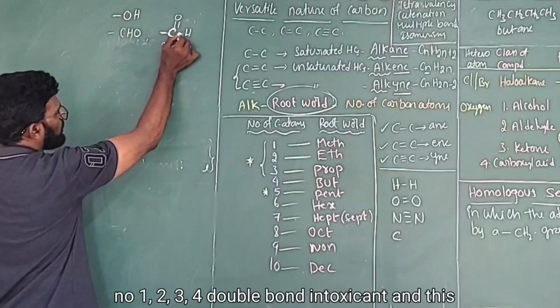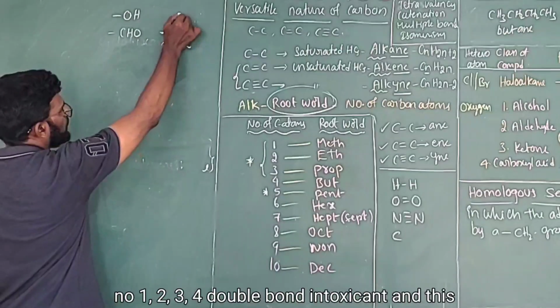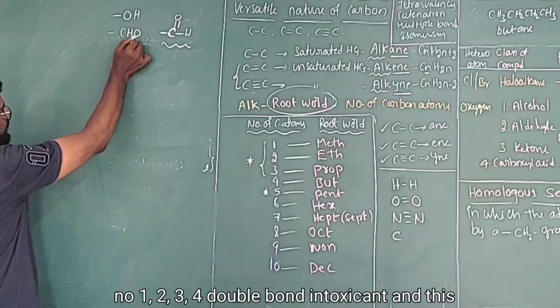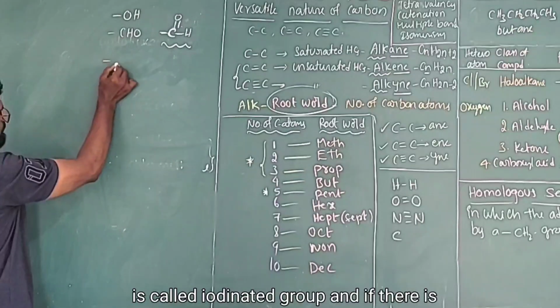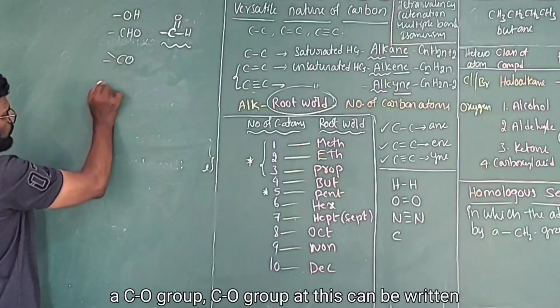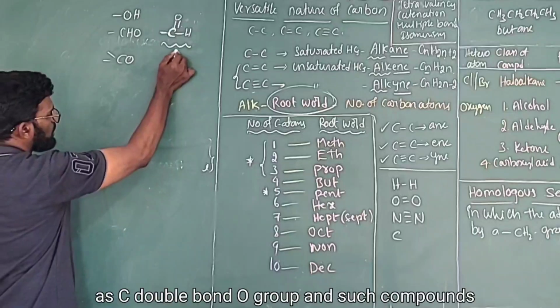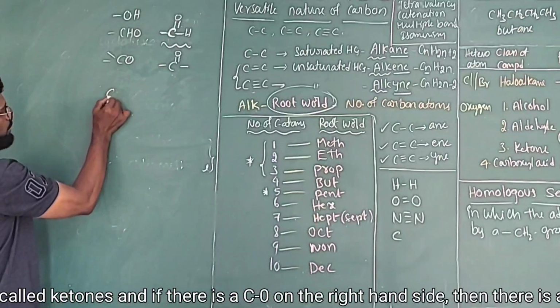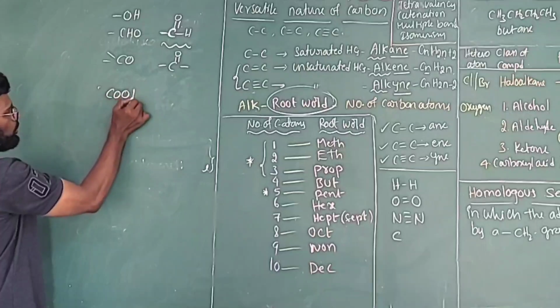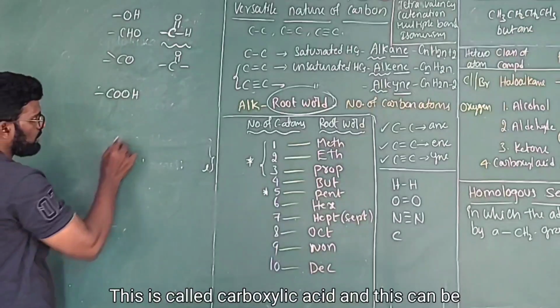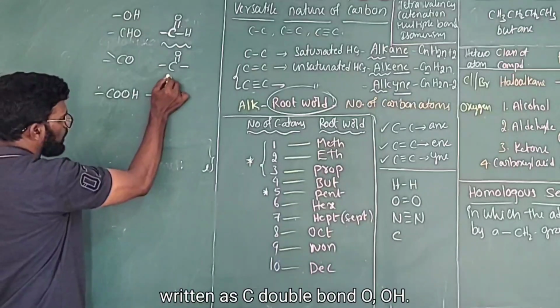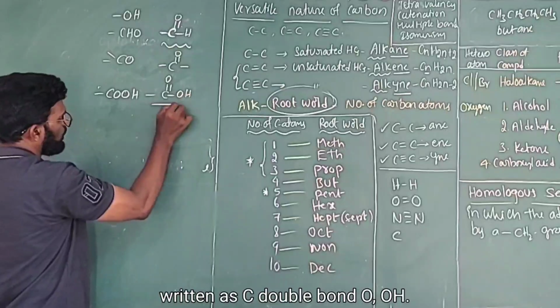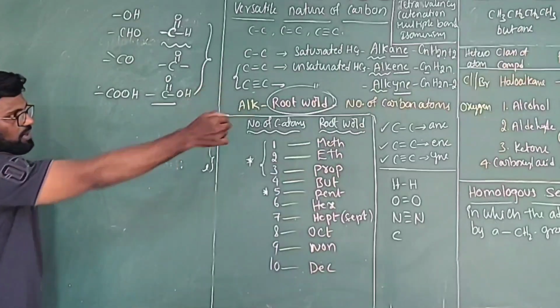Carbon valency 1, 2, 3, 4, with a double bond to oxygen, and this is called the aldehyde group. And if there is a CO group, or this can be written as C double bond O, such compounds are called ketones. And if there is a COOH group, this is called a carboxylic acid, and this can be written as C double bond OH. So these are the four groups we discussed.